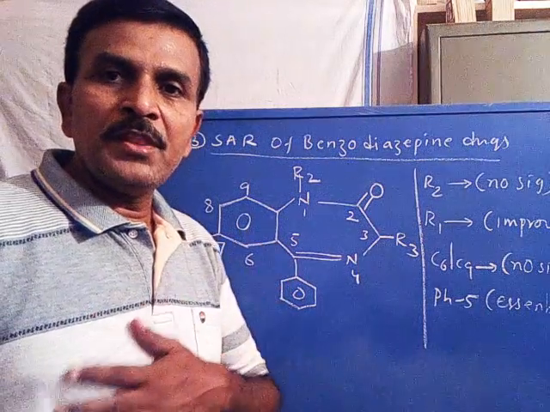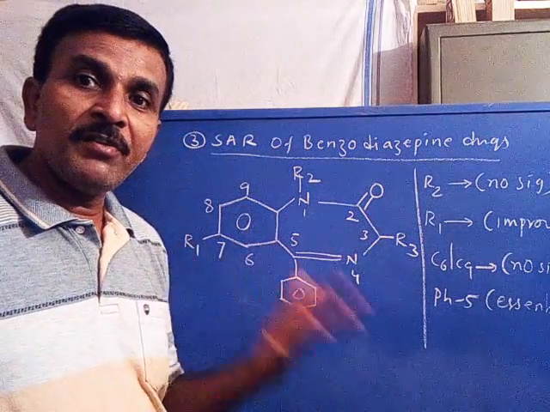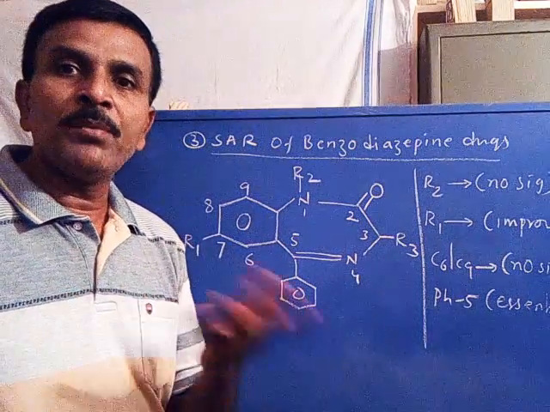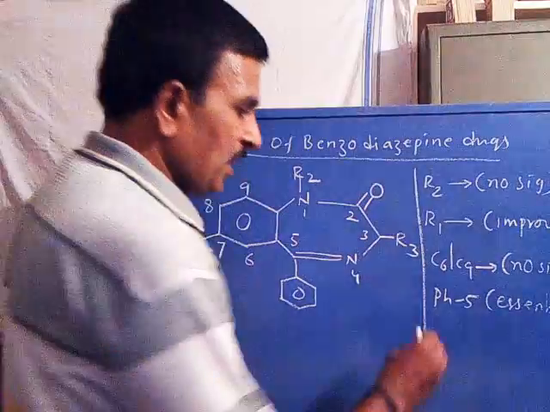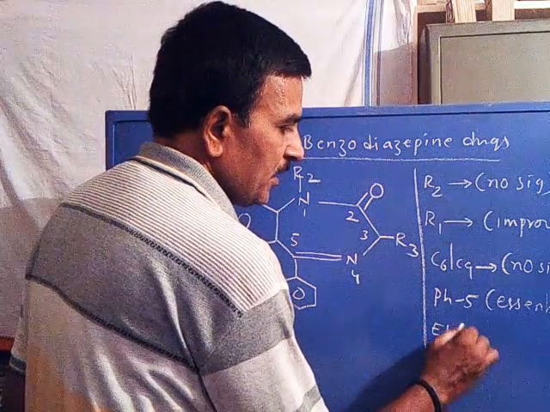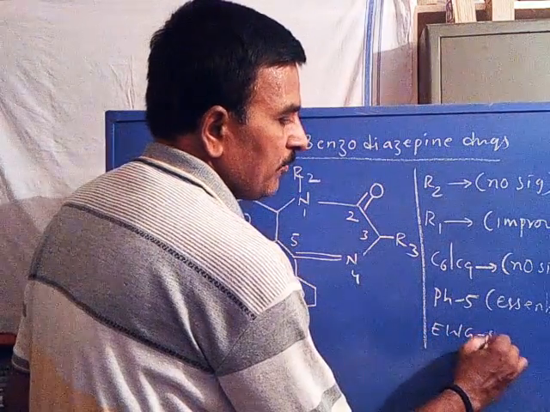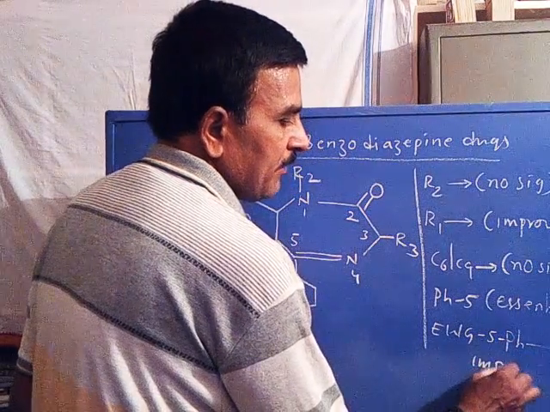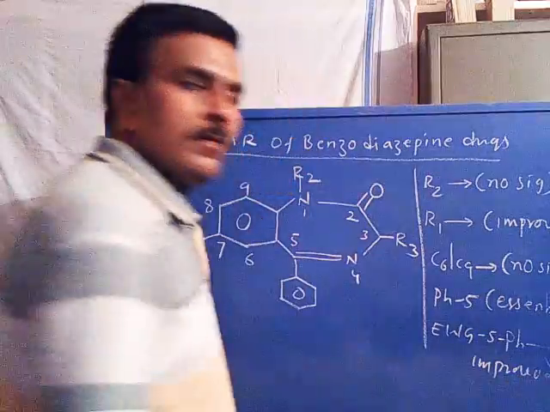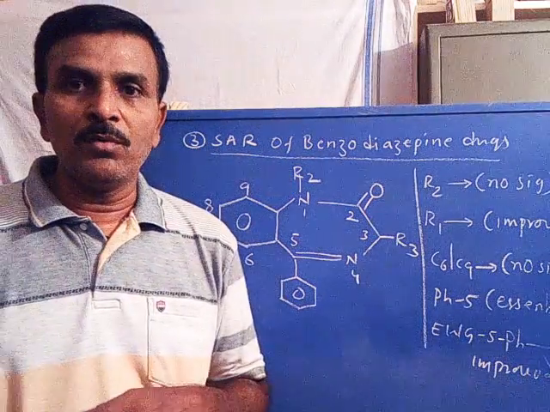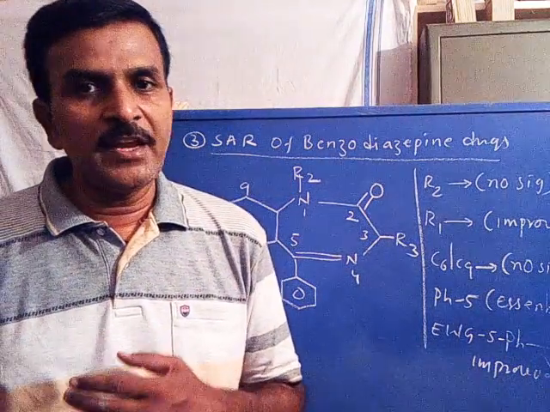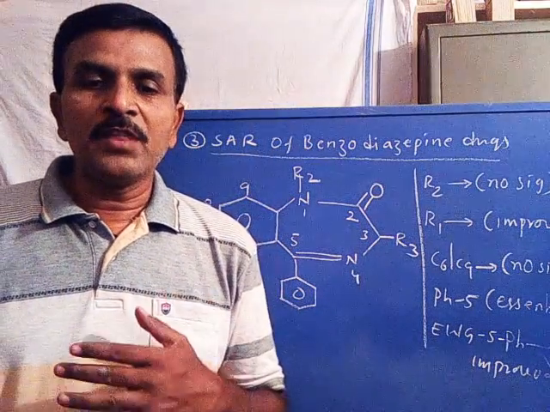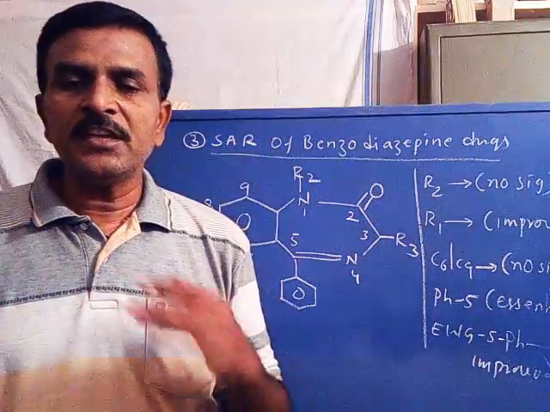If we substitute the hydrogen of phenyl ring on 5th position by any electron withdrawing group, it improves its activity. Its activity will be improved when we substitute the hydrogen of phenyl ring present on 5th carbon. Is it clear?